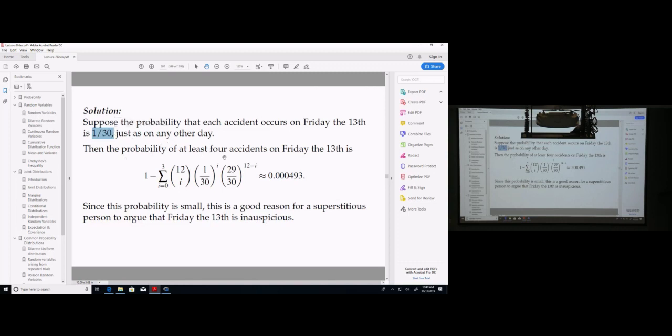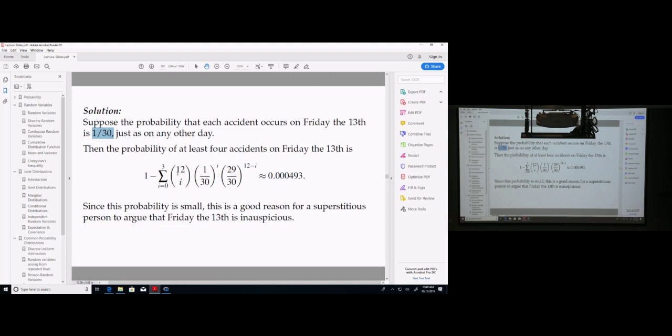Then for 4 accidents on that particular Friday, it would be (1 out of 30) to the power I, and then (29 over 30) to the power 12 minus I, because you want it to be on that particular Friday, and then this is any other days except Friday the 13th.